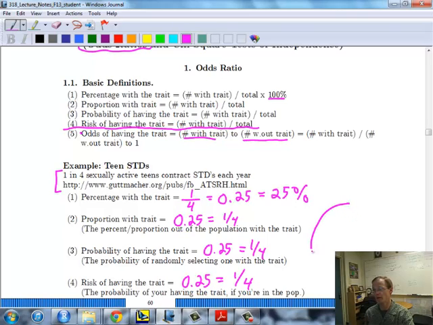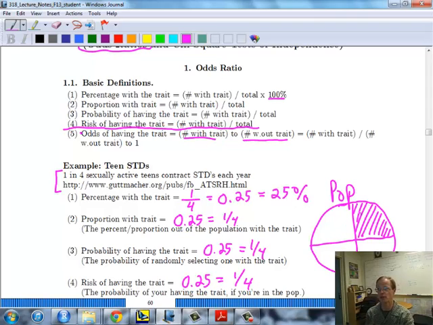Now, what's different is the connotation that these have and the context within which they're used. So, if you've got this population of sexually active teens, and I'm just going to cut this pie into 4/4, then for the percent, we're talking about the whole population, and we say this percent of them have the trait. Proportion, same thing, but we just use this decimal form language. Now, probability of having is slightly different.